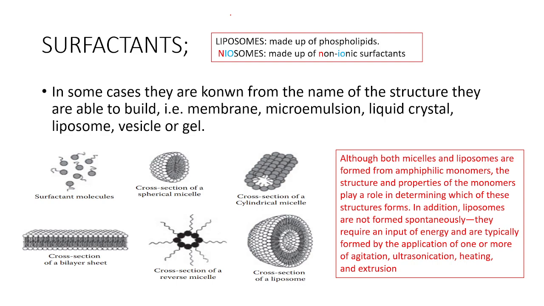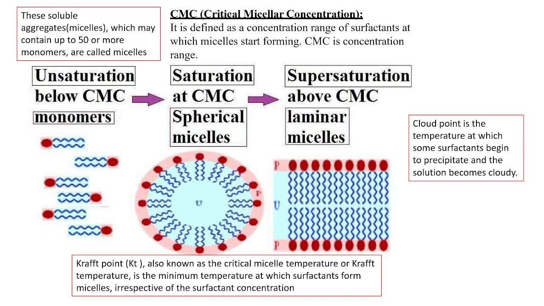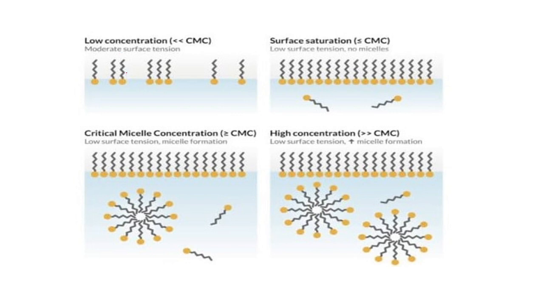The same surfactant molecules spontaneously form micelles. See, these are the monomers. If you have added 8 surfactant molecules, they will be aligned at the water-air interface. Initially the surfactants align at the surface.